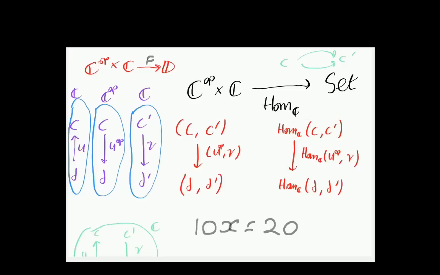How does this thing work on arrows? Well, a preliminary question is, what are the arrows in this category?